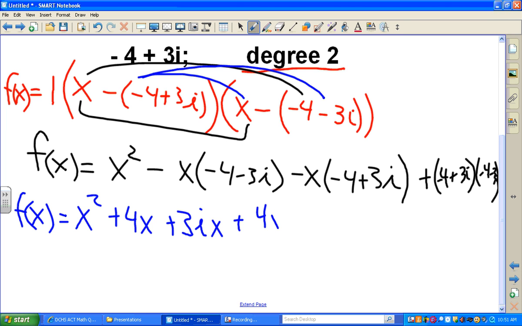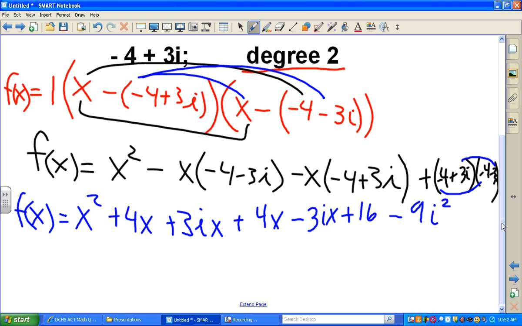Plus 4x minus 3ix. Negative 4 times negative 4 is 16. I don't have to worry about multiplying out the middle, do I, because it's a conjugate? Then finally, when I multiply out the end, 3i times minus 3i gives negative 9i squared, which equals a positive 9.